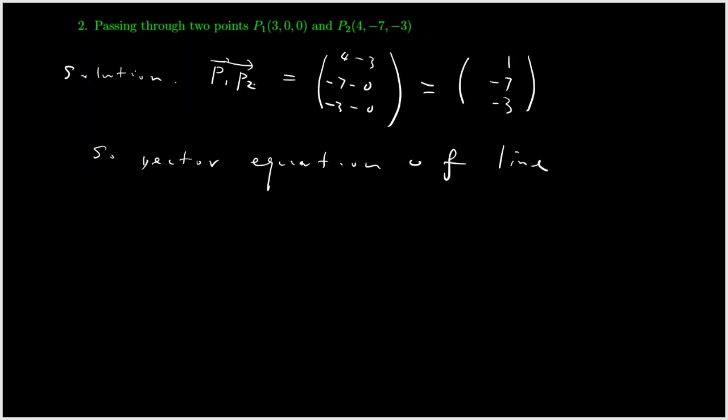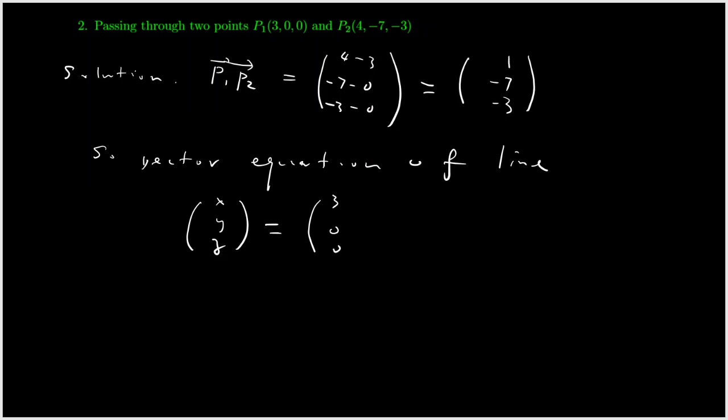Actually, we just did it, right? On the left hand side, you have x, y, z. You treat that thing as a vector. X, y, and z are coordinates of an arbitrary point on the line. Here you have x naught, y naught, z naught. You can use any of the 2 points as x naught, y naught, z naught. Can we just still use 3, 0, 0?